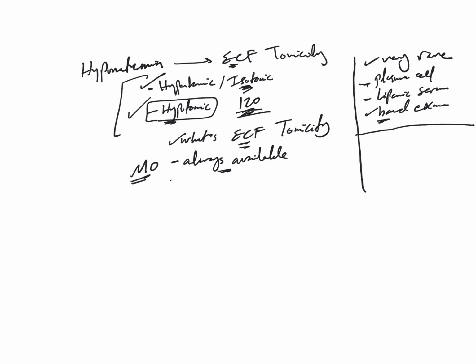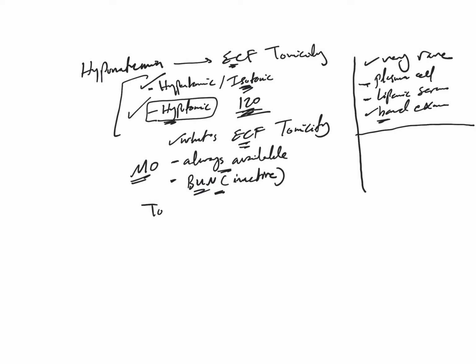Second, it can be misleading because it includes BUN, which is an inactive osmole that does not contribute to tonicity. So you always want to subtract BUN from the measured osmolality.